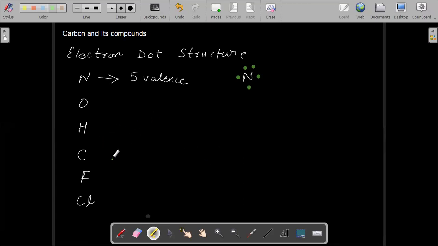Then oxygen can be represented as O with 6 electrons around it.